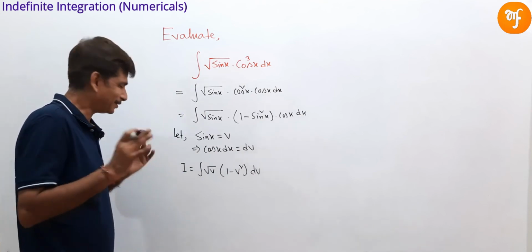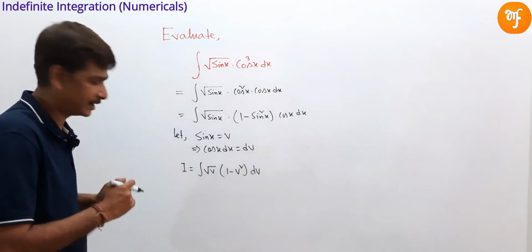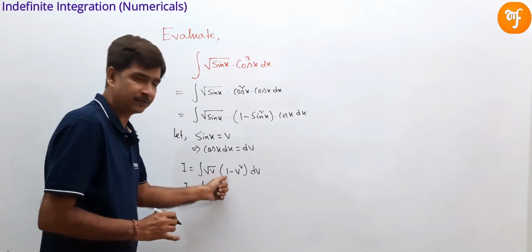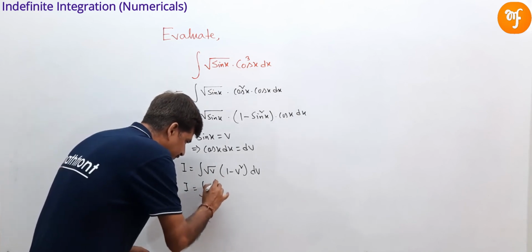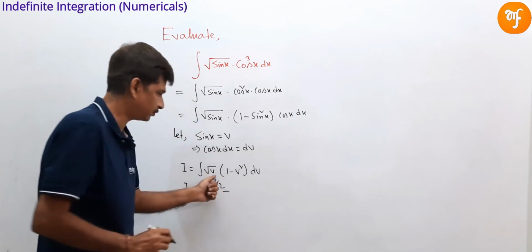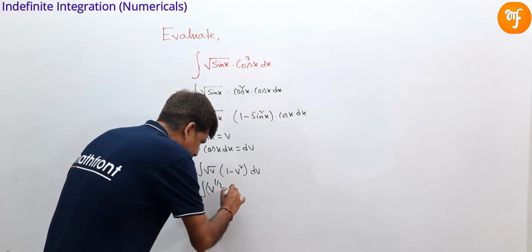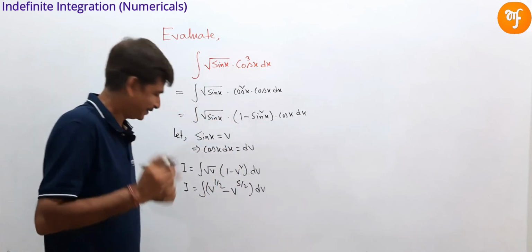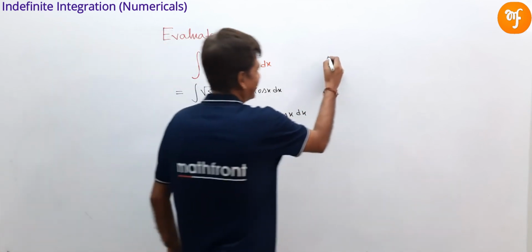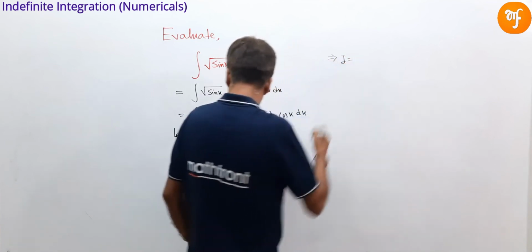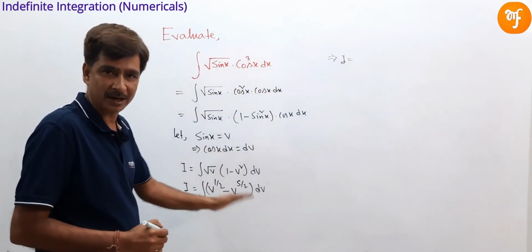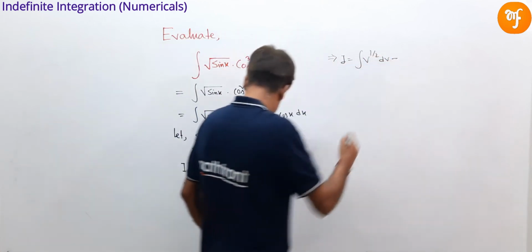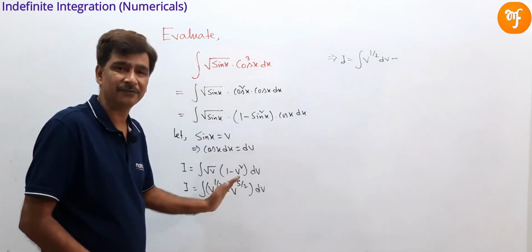Okay. Now the integration can be simplified in the form of I is equal to integration of root over v, that is v to the power half, minus root v into v square, that is v to the power 5 by 2, dv. Clear? So the integration can be written as I is equal to integration of v to the power half dv minus integration of v to the power 5 by 2 dv.